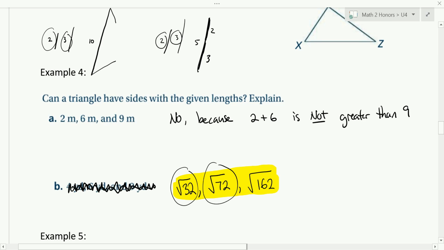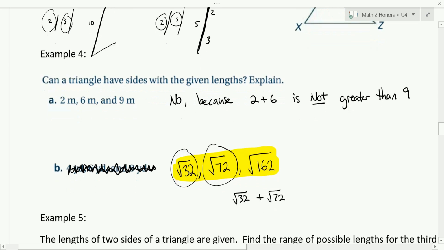Now, how do you add those up? What is the square root of 32 plus the square root of 72? Can you add the 32 and the 72? No, not yet. You have to adjust them. Can you rewrite square root of 32 as something else? What? 4 root 2, and this is, okay. So when we add those up, we get 10 root 2, right? How about 162?